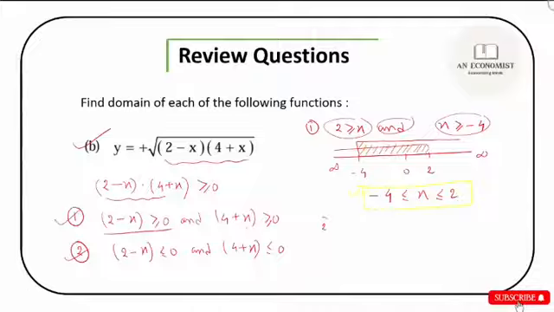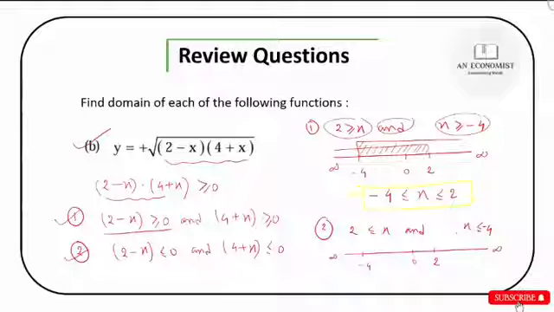Now if you take a look at the second case, it will be 2 less than or equal to x and x is less than or equal to 4. Again, if you draw the real number line, put 0 here. Sorry, it will be minus 4, right? 4 plus x is less than or equal to 0, so it will be x less than or equal to minus 4. So this particular expression is saying x is greater than or equal to 2, so this part, right?